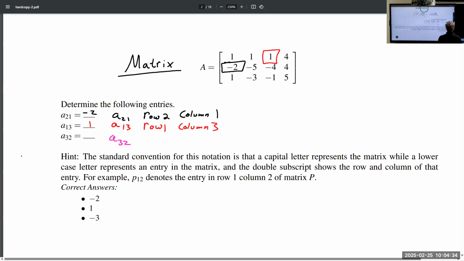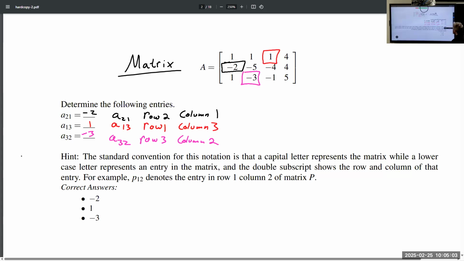You can think of Battleship if you ever played Battleship as a kid. That's kind of like a matrix too. So 3-2 would be row 3, column 2. Row 3, column 2 would be right there. So it's just identifying where these pieces are and how to think of them.